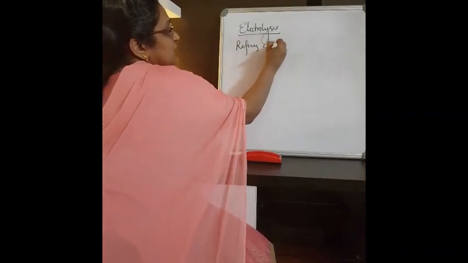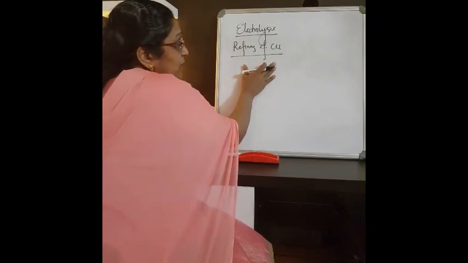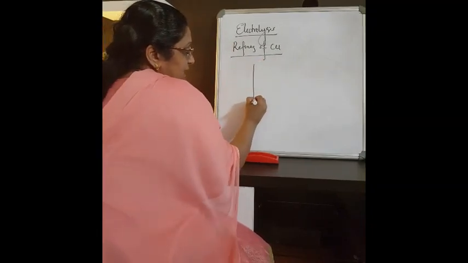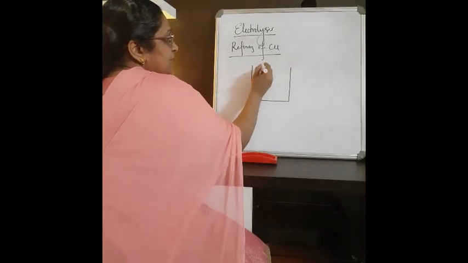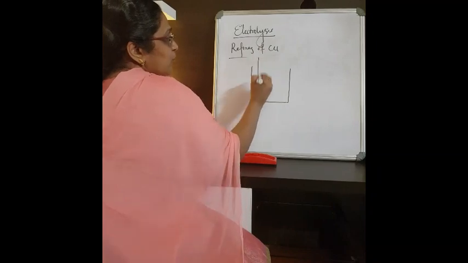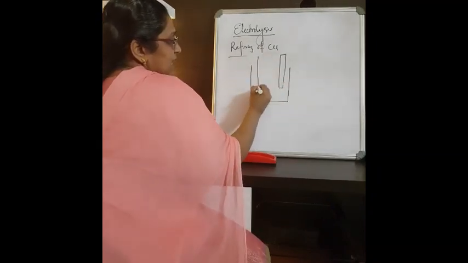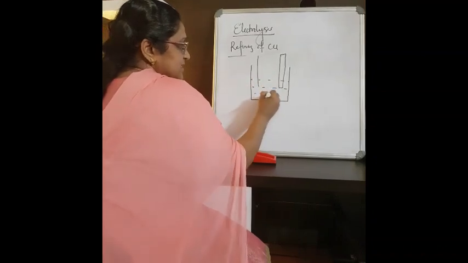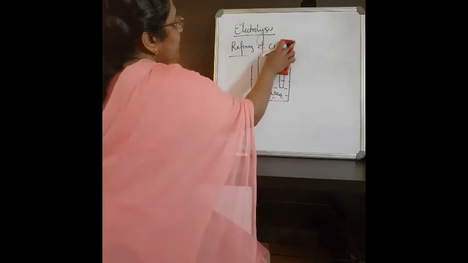Electrolytic refining of copper. What you have done is taken an electrolytic cell, correct? Then there are two electrodes, both copper, the anode and cathode, and there is an electrolyte, the salt of copper, that is copper sulfate. You are remembering, I hope.